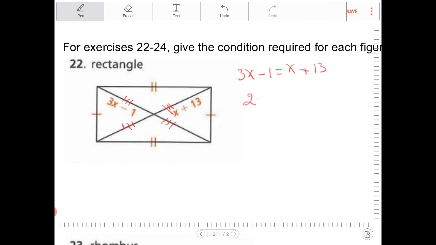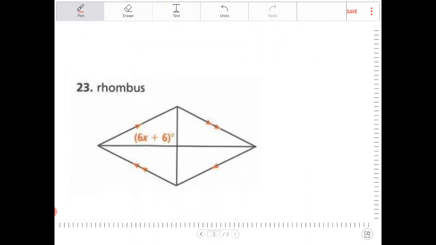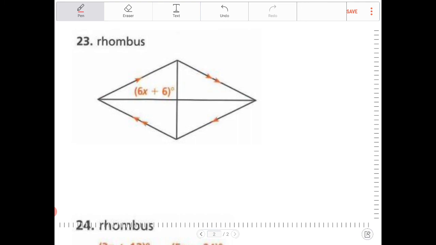So I get 2x is equal to 14, or x is equal to 7. So that's the condition. What is the condition for this to be a rhombus? So 6x plus 6 has to equal 90 degrees because the diagonals are perpendicular bisectors of one another. Subtract both sides by 6, I end up with 6x is equal to 84. Divide by 6, I end up with 14.